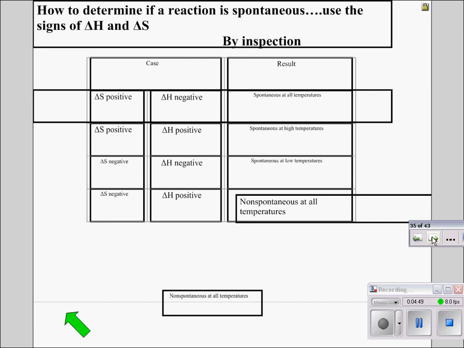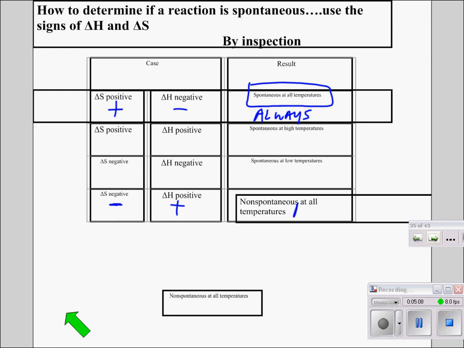Things you have to remember: when are reactions always spontaneous? If delta S is positive and delta H is negative, it's always spontaneous. You have this in your notes, so go back and look at it. If delta H is positive and delta S is negative, it is never spontaneous, the opposite of always. So if you know one, you kind of know the other.